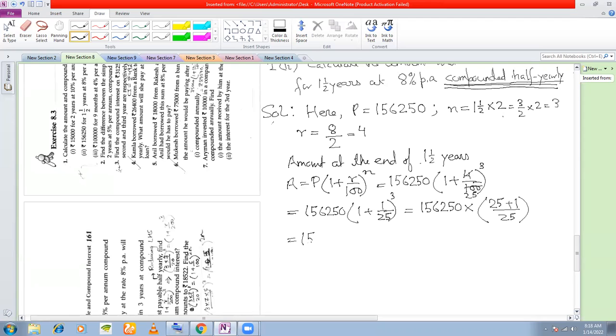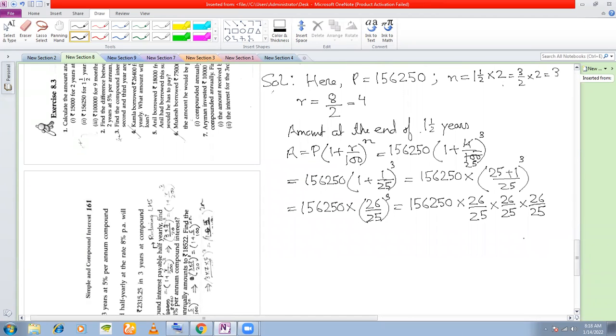So here you have 156250 into (26/25) cube. (26/25) cube is equal to 156250 into 26/25 into 26/25 into 26/25.